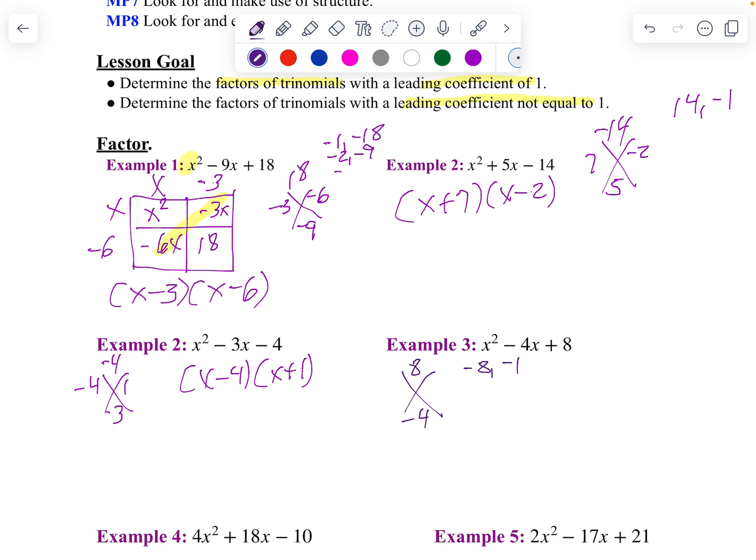Negative 4 and negative 2, they add to negative 6. And then that's it, isn't it? You can't find anything. If you can't find anything, we say this is a prime trinomial. It doesn't factor. Not everything factors. The only thing that goes into it is 1.